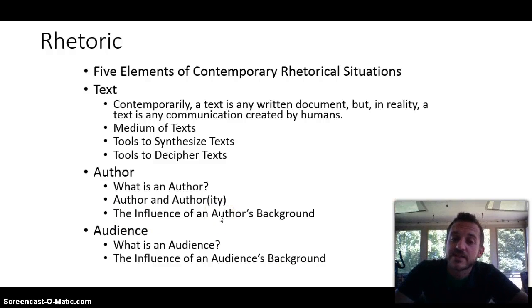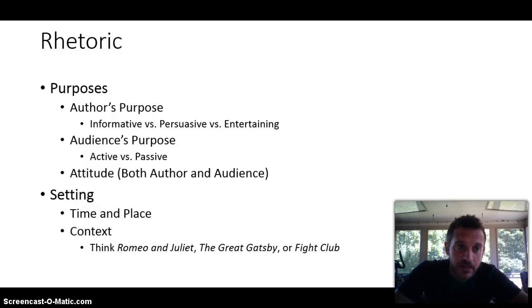So you need to make assumptions about the audience when you're composing your piece of writing. Purposes, there's the author's purpose, which is you're either going to inform, persuade, or entertain, or a combination of the three. All writing should be entertaining in some form. You need to entertain the reader, or you're not going to keep their attention. And then you're going to inform them, provide them with information, or you're going to persuade them.